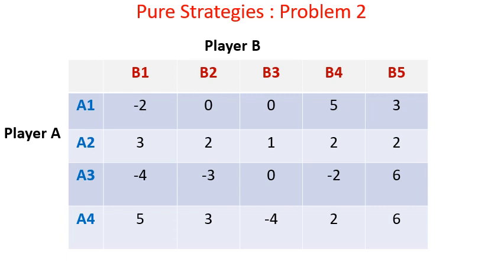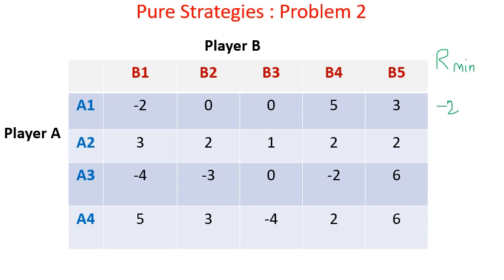Let us now first find out the row minima and the column maxima. I will indicate the row minima here. The minimum here is minus 2.